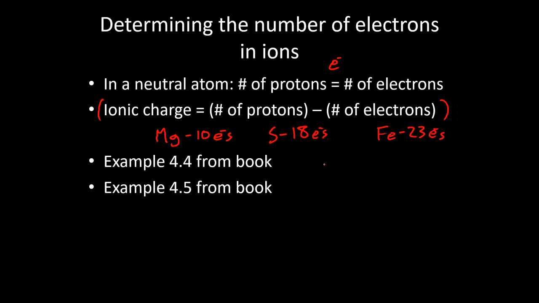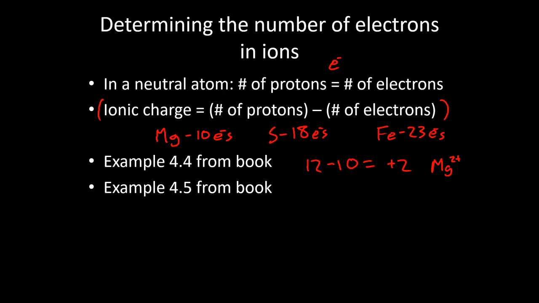So that would be 12 minus 10. Since we have magnesium that has 12, we were told it has 10 electrons, and so that would be plus 2. So we would have magnesium 2 plus as our ion.